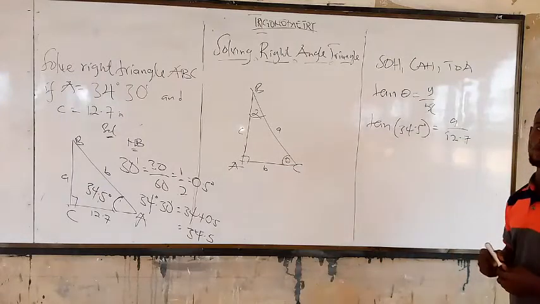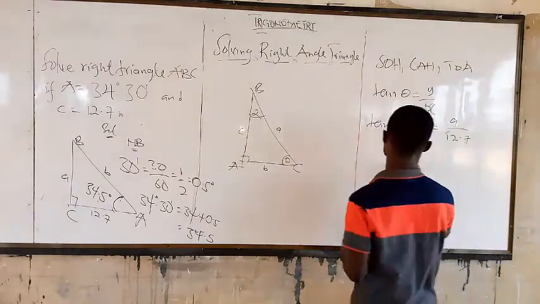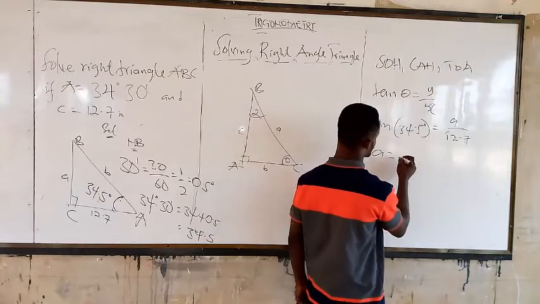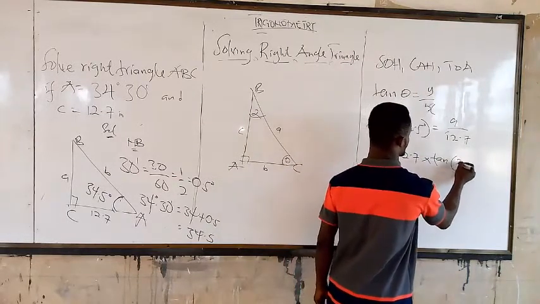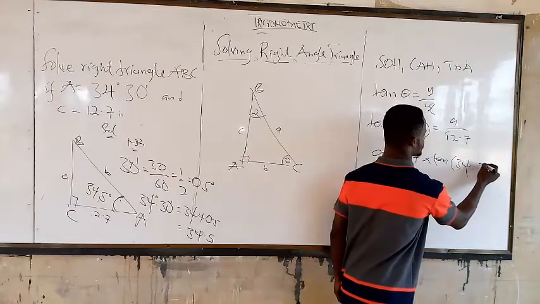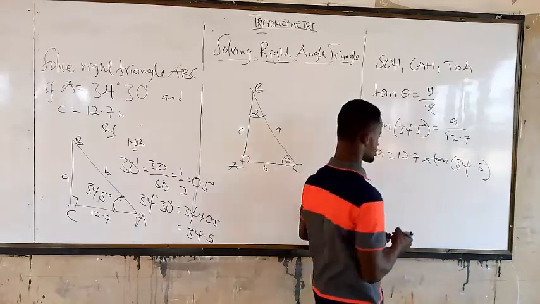This means that we are looking for the side A. So the side A is 12.7 times tan 34.5 degrees.